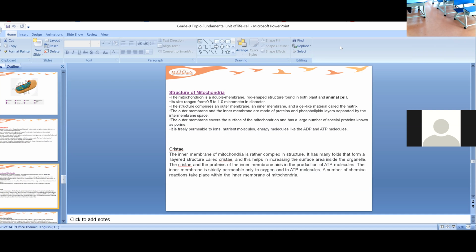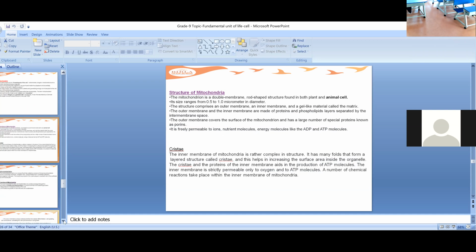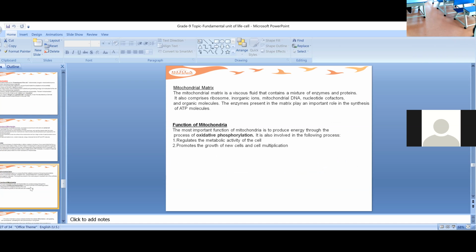So this was about cristae, and a little more information has been given for you about the mitochondrial matrix. The matrix is nothing but the fluid present inside the mitochondria. It is a mixture of enzymes and proteins.